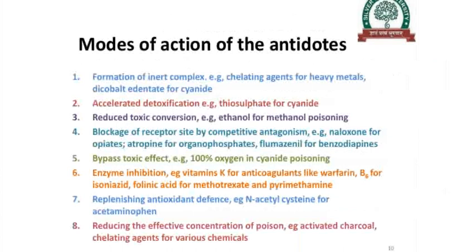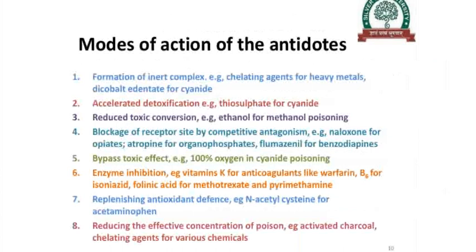Another mode of action of antidotes is reducing the toxic conversion. For example, methanol poisoning happens when people consume substandard or methanol-containing alcohol. Then the use of ethanol is the antidote for methanol poisoning. Methanol is oxidized in the body to formaldehyde and formic acid.